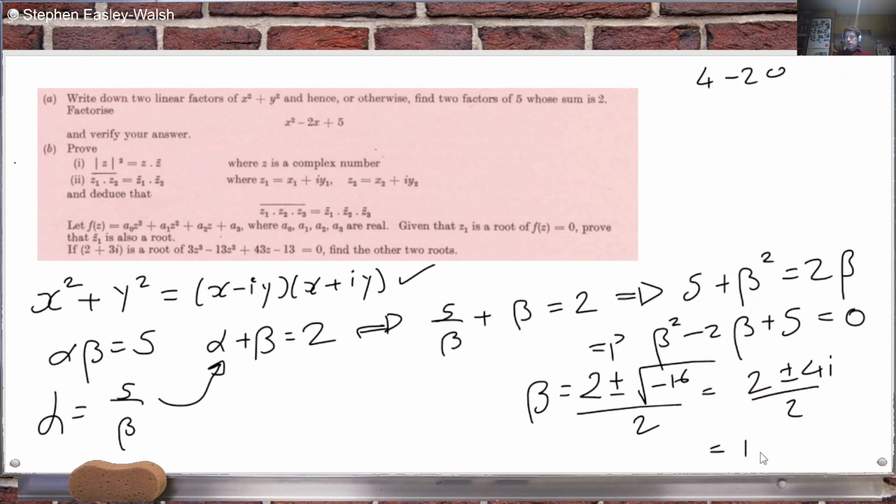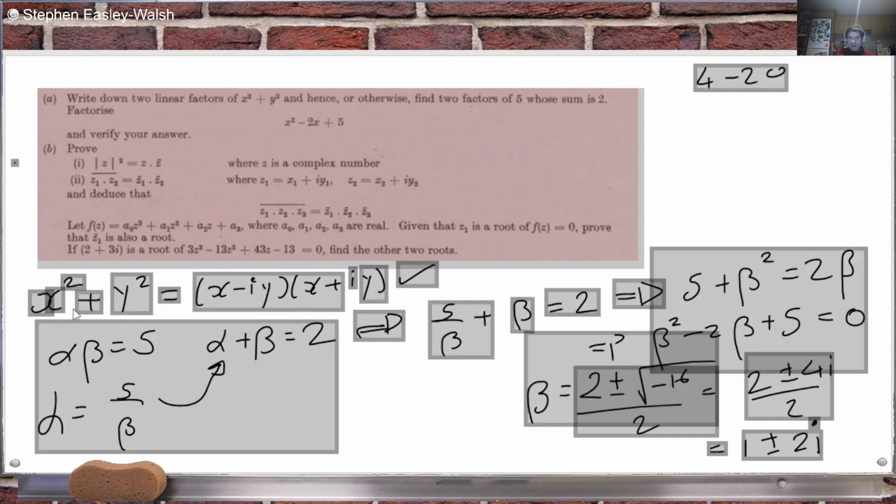So that's 1 plus or minus 2i. Okay, I didn't even think about swapping them. Yeah, so I said 4 squared plus 1 squared. Actually, 1 squared plus 4 squared would have worked.